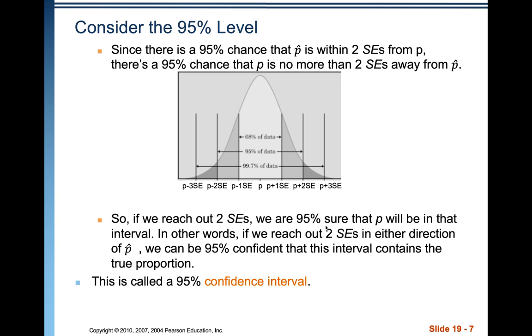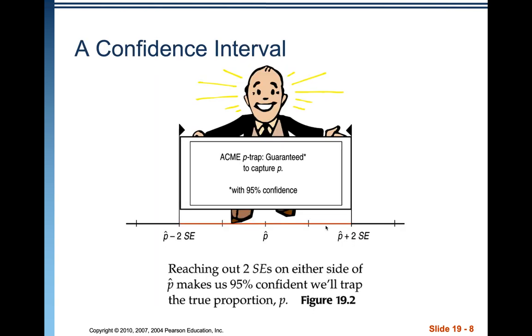So if we reach out two standard errors, we are 95% sure that p will be in that interval. In other words, if we reach out two standard errors in either direction of p hat, our sample proportion, we can be 95% confident that this interval contains the true proportion. This is what is called a 95% confidence interval.